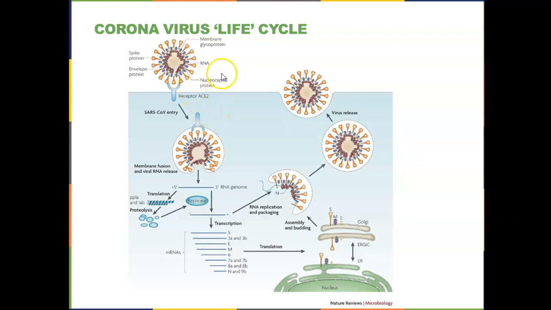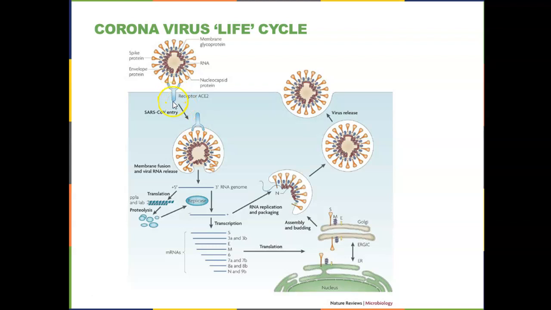And so the way the virus works is the spike proteins bind to a receptor present on a number of our cells, including epithelial cells, called ACE2 receptors. And binding to that receptor gains the virus entry into the host cell.